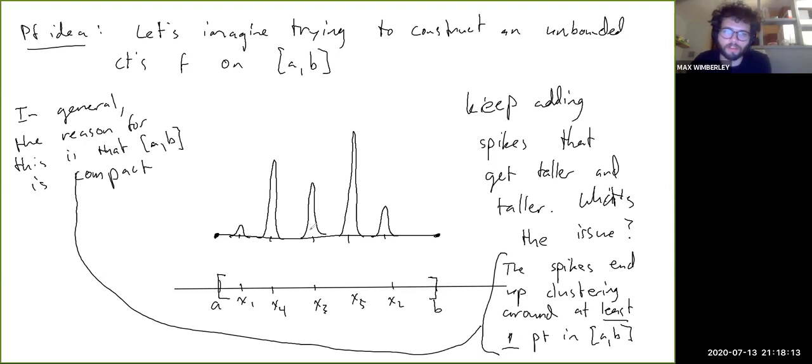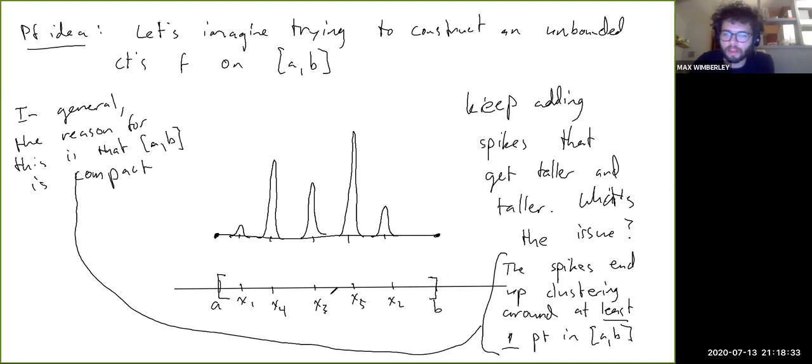But for our purposes in the proof, the way we will describe it is that if you think of the peaks of these spikes as forming a sequence, then because it's a bounded sequence, by the Bolzano-Weierstrass theorem, there has to be a convergent subsequence.